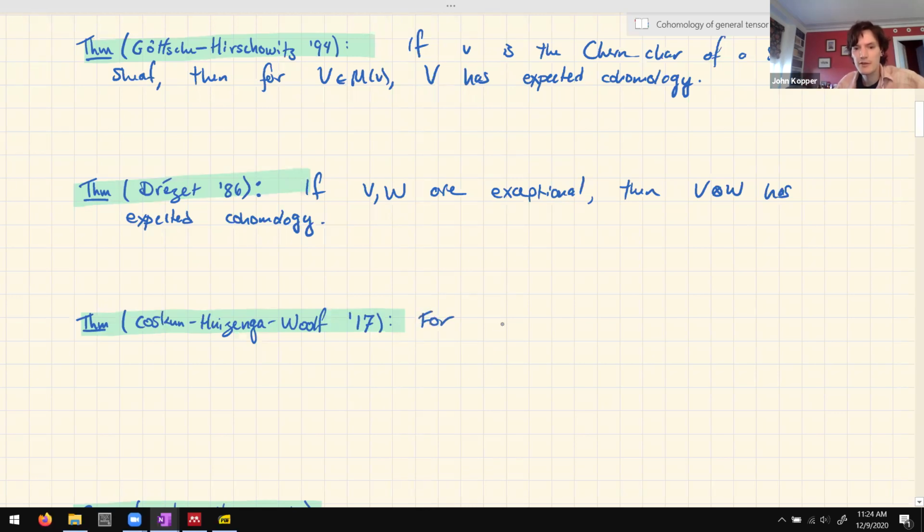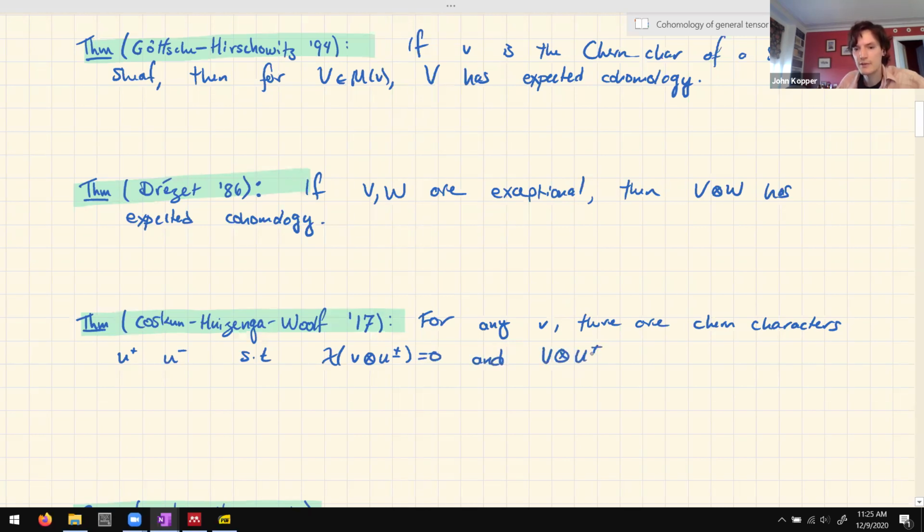So for any V, where little v is the Chern character of a stable sheaf, there are Chern characters associated to V in some way, I'll say U plus and U minus, such that chi of V tensor U plus and U minus is 0, and V tensor U plus or U minus has expected cohomology for the general elements in those moduli spaces.